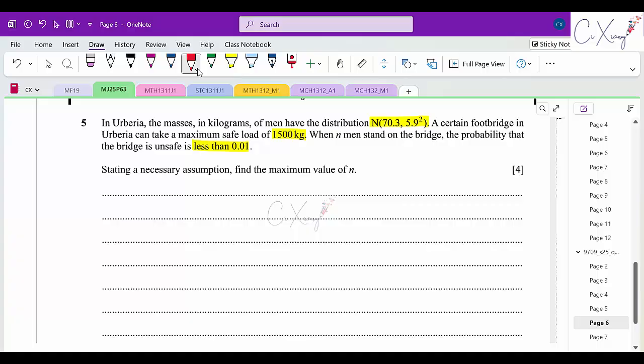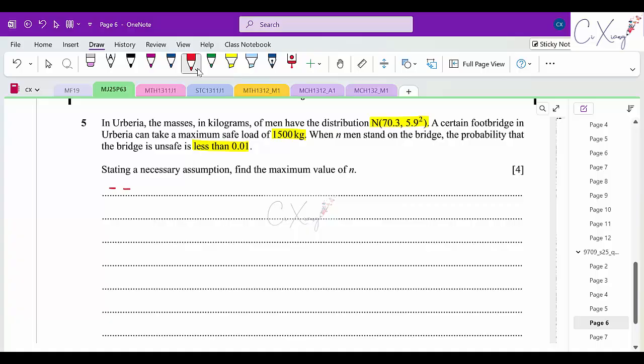All right, before we start the calculation, let us state a necessary assumption first. We are having the men in this country, right? So to select the men to be on the footbridge, we have to make sure that the men are selected randomly.